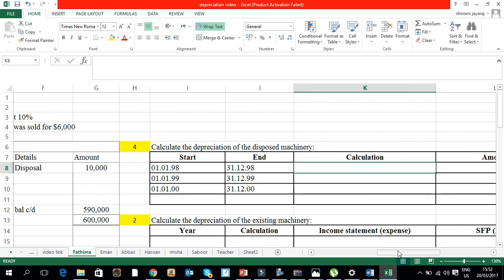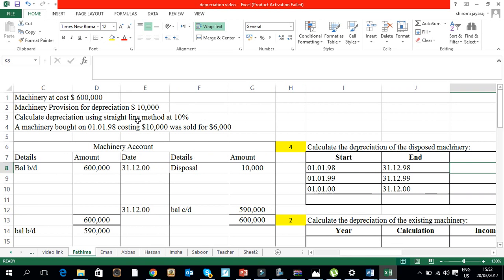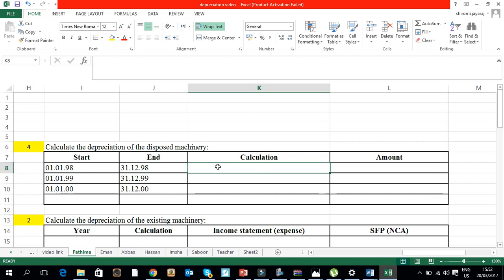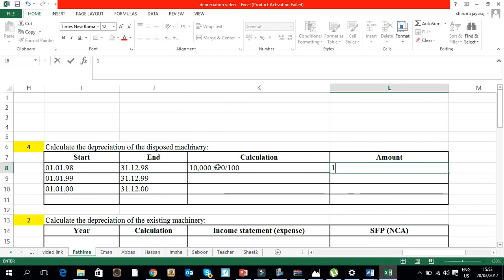And the cost of the disposed machinery is 10,000. So always make sure you calculate depreciation for the cost of the non-current asset. 10,000 times 10 over 100. Therefore, for first year, it is 1,000. And for second year, as it is straight line method, it will be the same calculation, which is again 1,000.